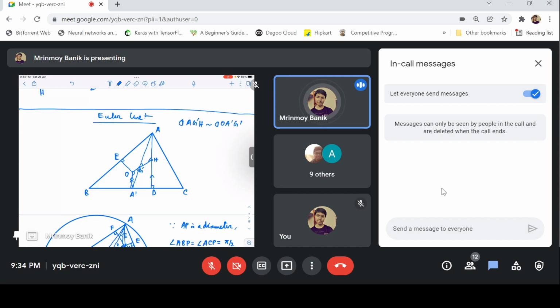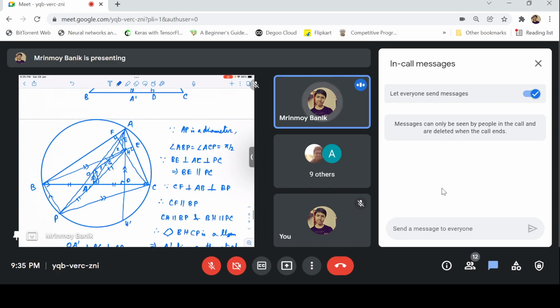Now from similarity we know this is 1:2.